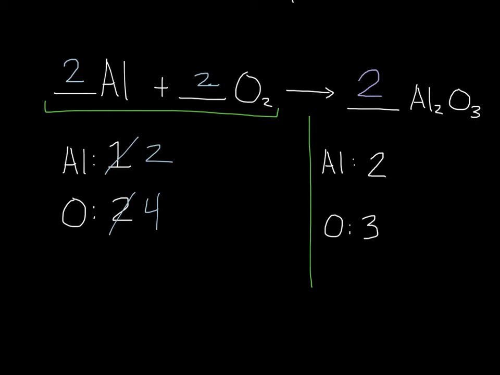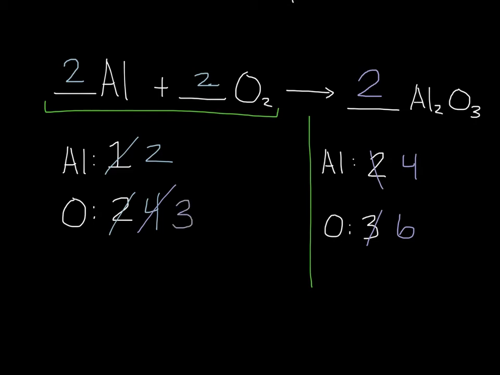Well, now I wouldn't have 2 there. Really, I'd have 2 times 2, I'd have 4 aluminum atoms, and I'd have 6 of the oxygens. And that's beneficial because these oxygens here on the reactant side come in groups of 2. So using the purple instead of the blue, all I would need is 3.